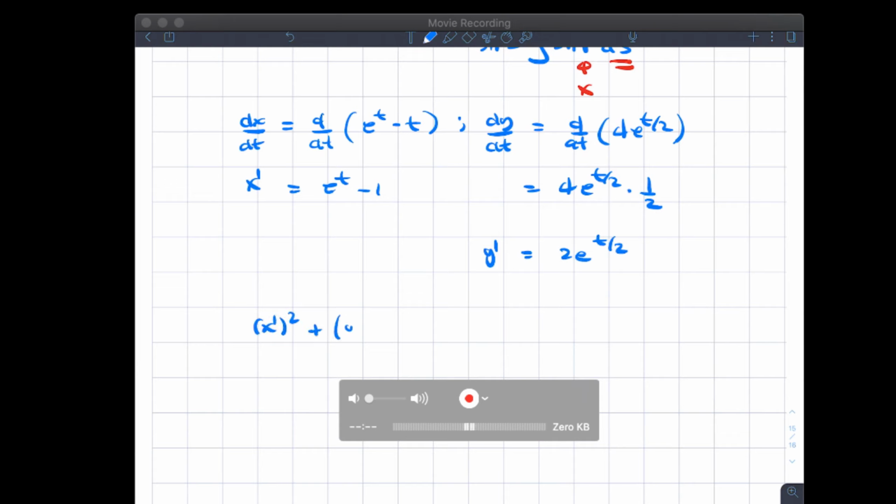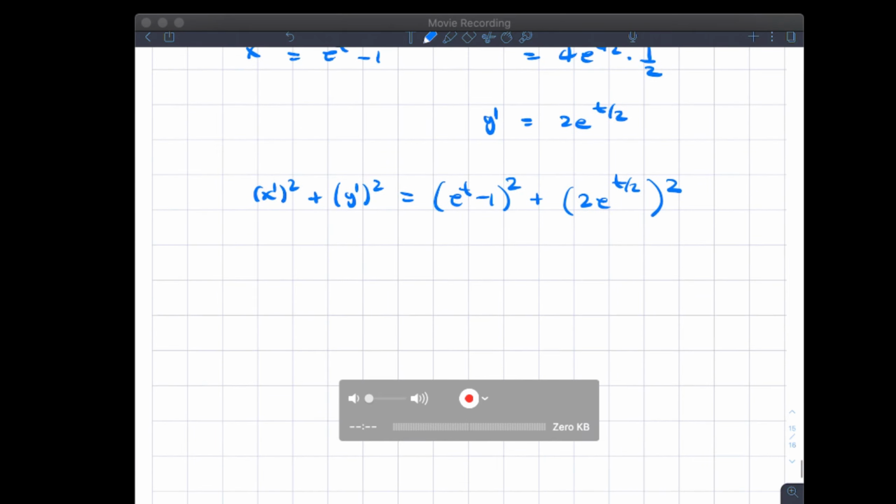x prime squared plus y prime squared will become (e to the t minus 1) squared plus (2e to the t over 2) squared. Doing some algebra: (e to the t minus 1)(e to the t minus 1) plus 4e to the t, when you actually distribute the powers here.